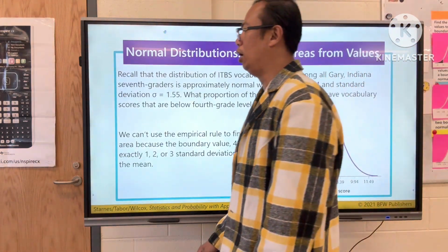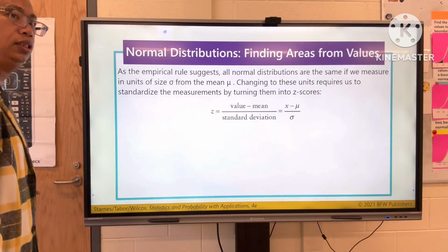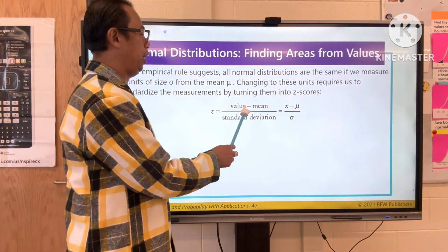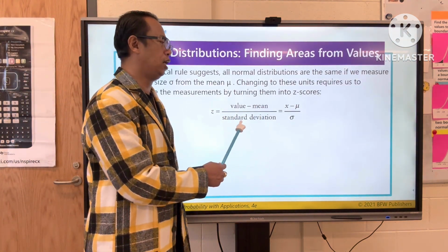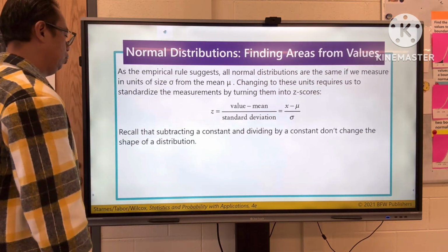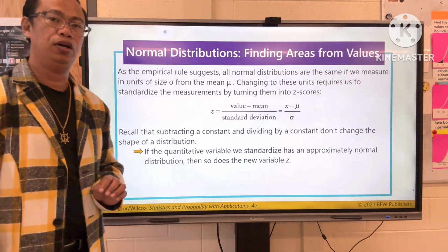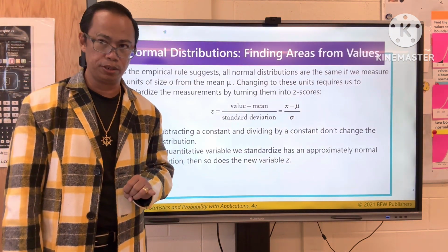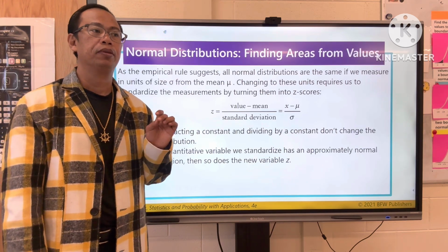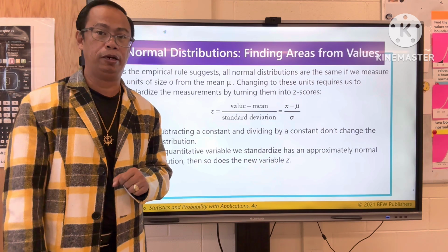So what are the things that we're going to do? First, we need to calculate the z-score. The formula for the z-score is the value minus the mean, all over the standard deviation. We already have the value, which is 4, the mean is 6.84, and the standard deviation is 1.55.